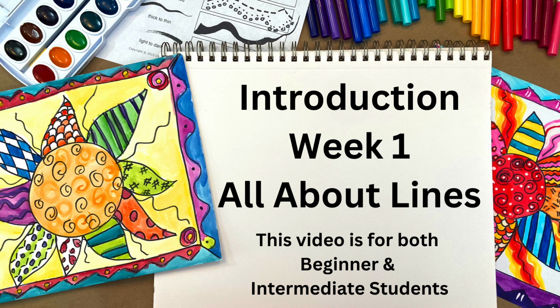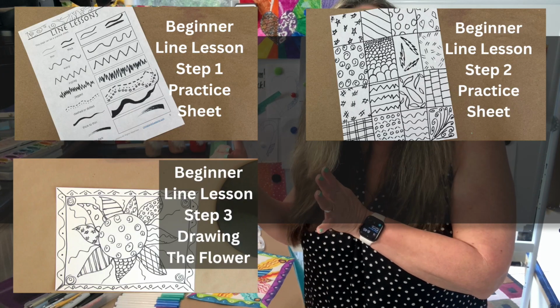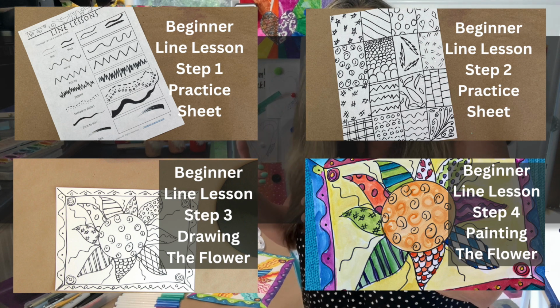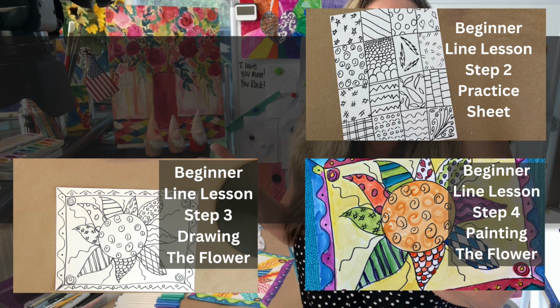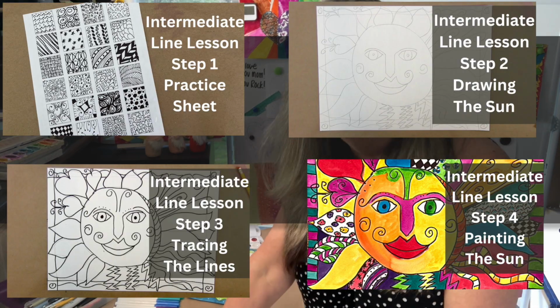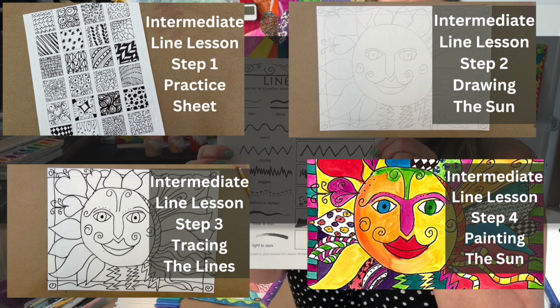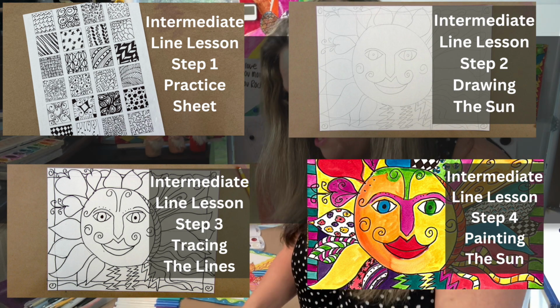That's for the beginner section and the intermediate section. And then the projects start. Each video will have a label on the top that will say either beginner or intermediate, and then it will have step 1, step 2, step 3, and step 4 if there's 4 steps to the art project that you are doing this week.